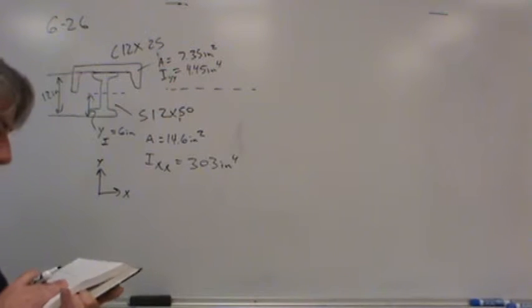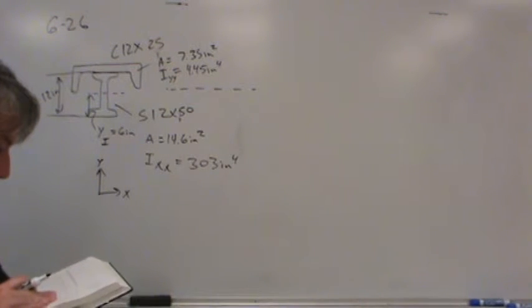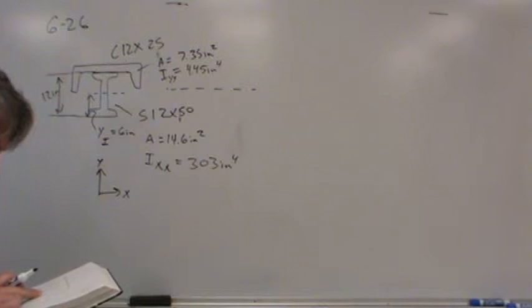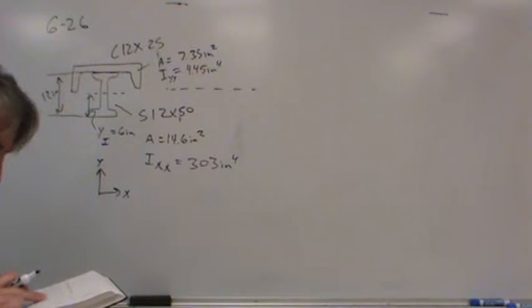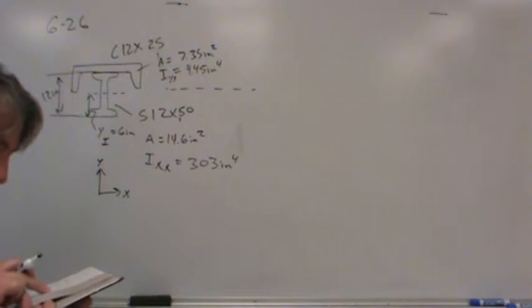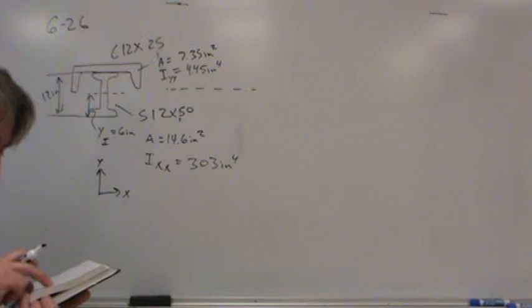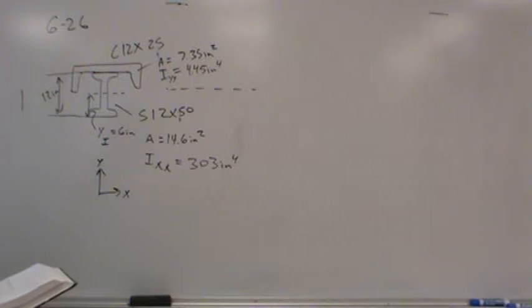Now, where is it located? Let's see, they show the centroid. Here we go. X is the dimension I'm looking at. Notice it's measured from the top. And that is 0.674. Does everybody see that?